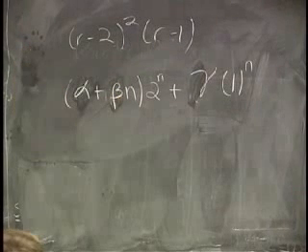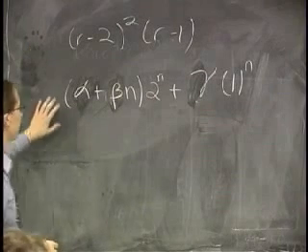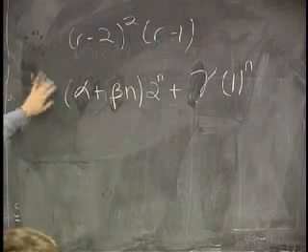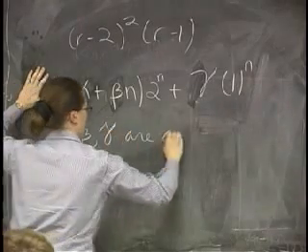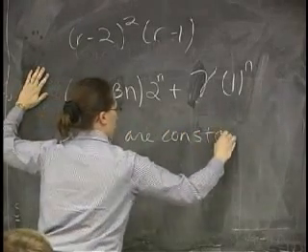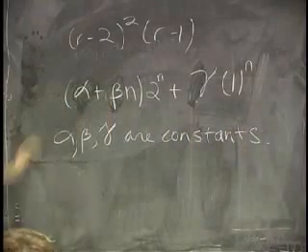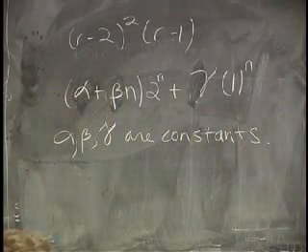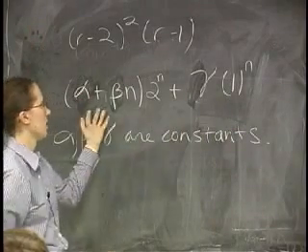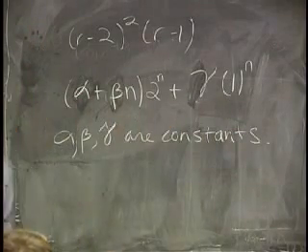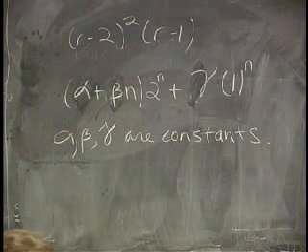Alpha, beta, and gamma now are all constants. I got sick of the Roman alphabet, and I moved to the Greek. So this is what the form of my solution is going to be if my characteristic equation is this.